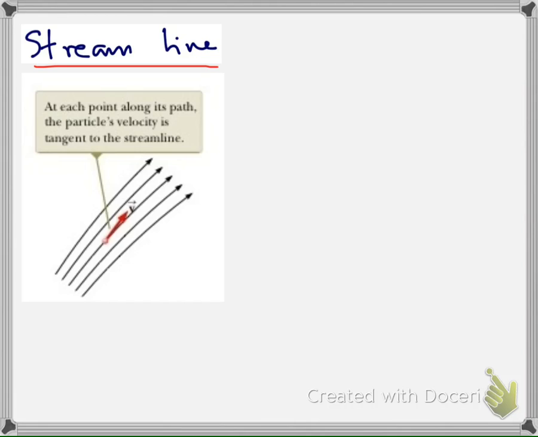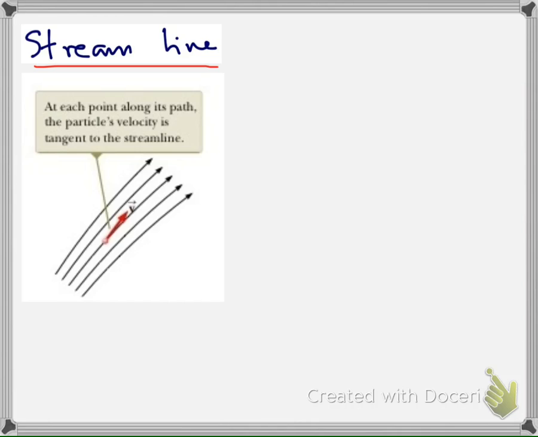We can understand this quite easily, because this is similar to the motion of an object. If you draw the trajectory, the velocity will be tangent to the trajectory of the object.